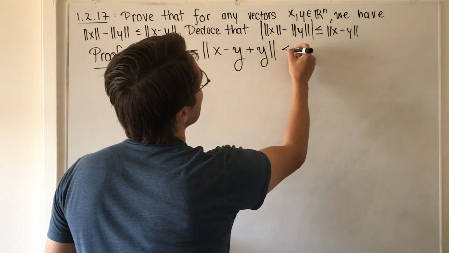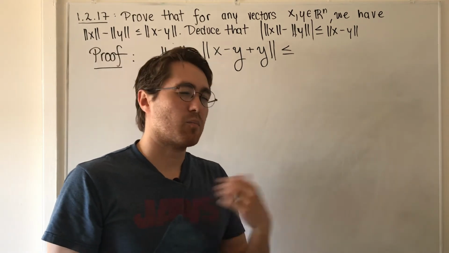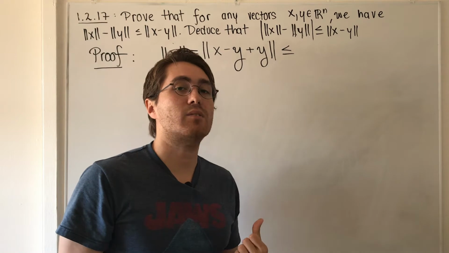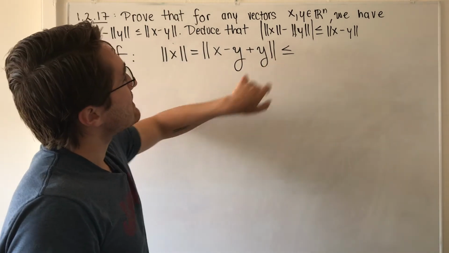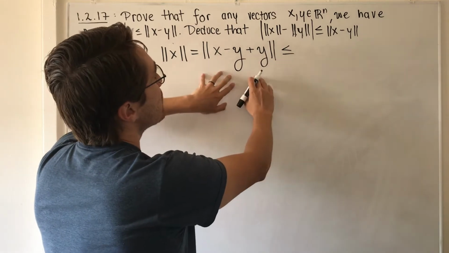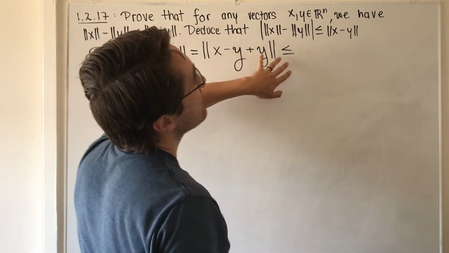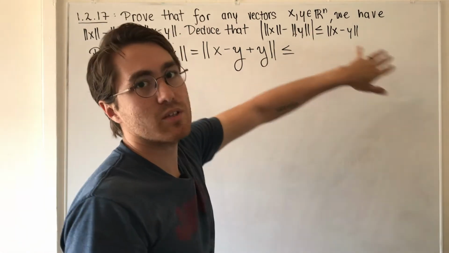If you remember from the previous section, if you read it or saw the videos, the triangle inequality states that the norm of two vectors summing is going to be less than or equal to the norm of one vector plus the norm of the other vector.